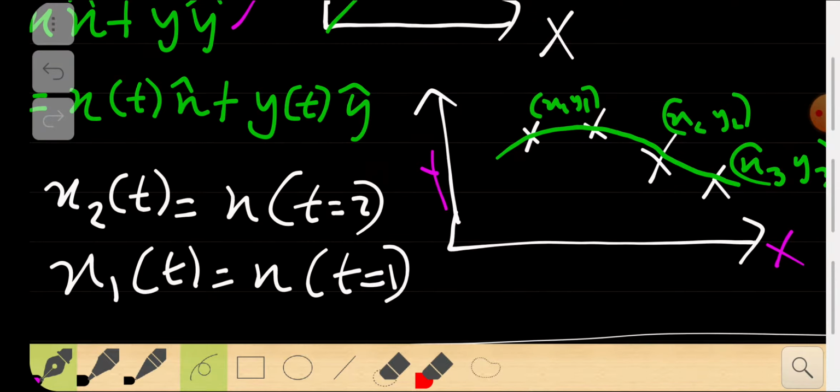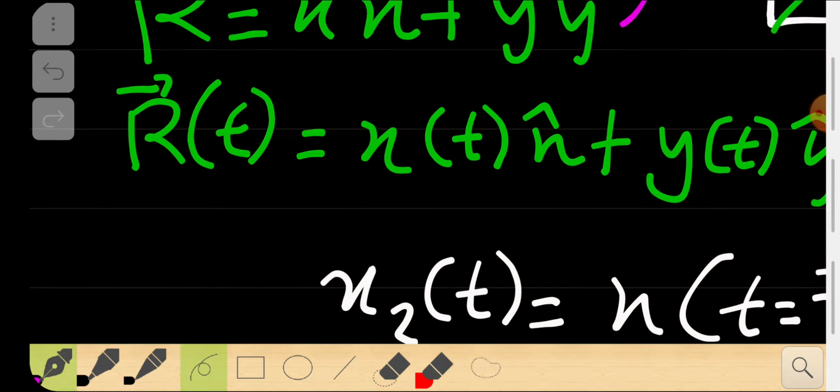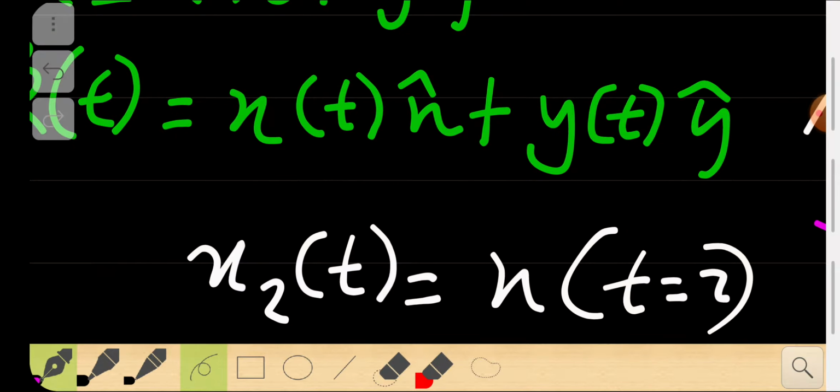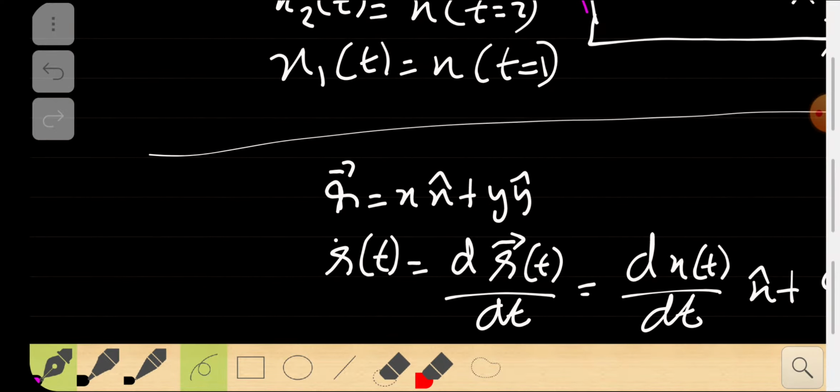So the vector can be written as r of t equals x of t x cap plus y of t y cap. x of t means the value of x at, say, t equal to 2. Similarly, y of t is represented by the time being 1 or 2 or 3 or n. That's the change that is introduced.